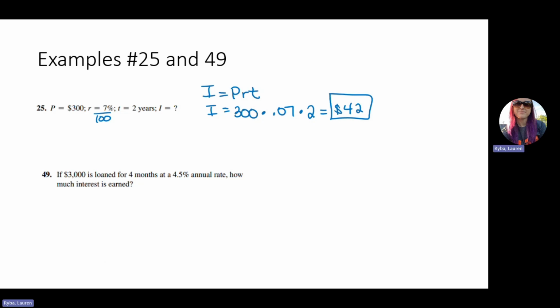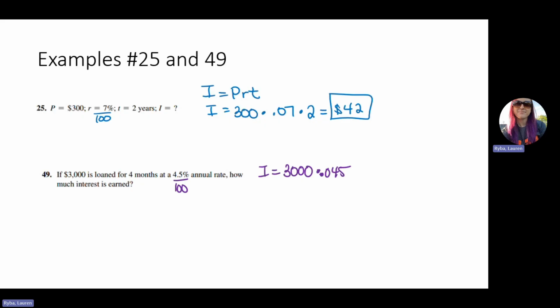Next one says, if $3,000 is loaned for 4 months at 4.5% annual rate, how much interest is earned? So again, we are looking for I. We have $3,000 for the loan. Now, I only have it for 4 months. Oops, sorry, that's T. R is next. 4.5 divided by 100 is 0.045. Now back to T. 4 months is a fraction of a year.